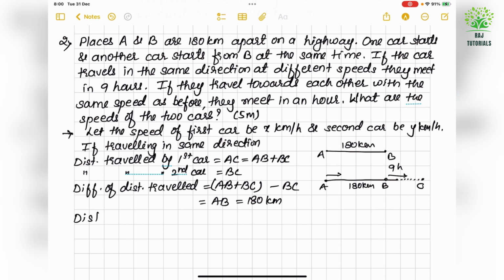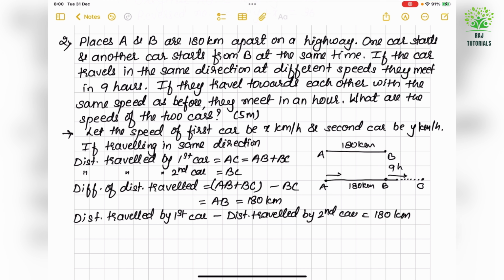So the distance traveled by the first car minus the distance traveled by the second car is 180 kilometer.